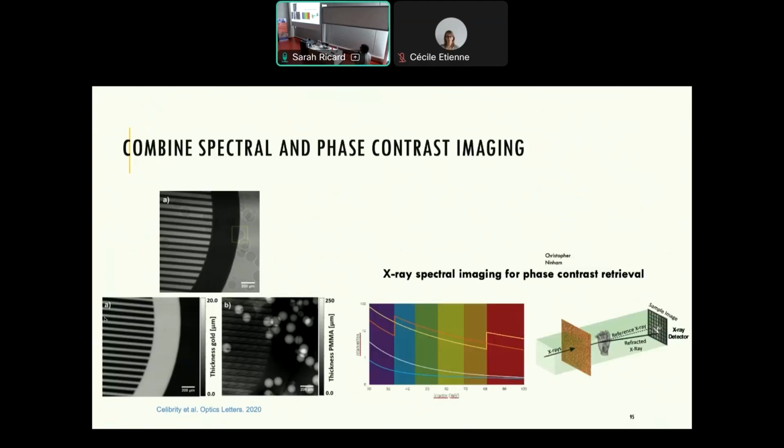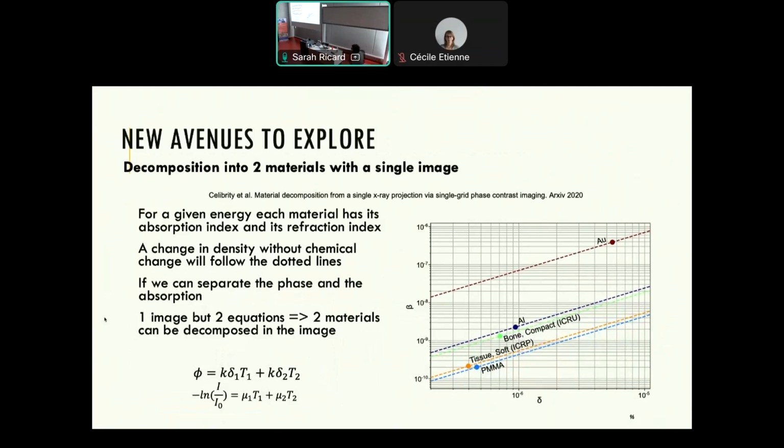So the idea of how they do it is to combine this phase contrast, the refractive X-ray, and computer vision. How they do it is this idea. Here is the value of delta and beta from the index of refraction. What is interesting is that if you have one energy, these are the values that you have for the refraction and the absorption for one material.